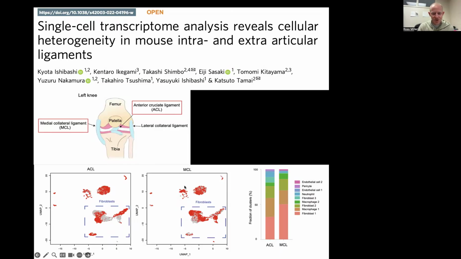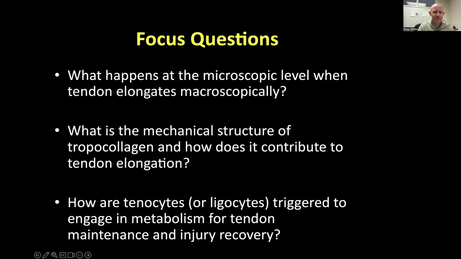What's shown here is far beyond my limited capacity of understanding of cellular level biochemistry, but the red dots are indicating a high concentration of cells, and the gray dots are indicating a not so high concentration of the cells. And you can see here in the MCL, we see a lot more red dots than we do in the ACL, indicating a higher concentration of those ligament cells in the MCL, which is a tissue that's fairly good at recovering from injury, versus the ACL, which is not so good at recovering from injury.